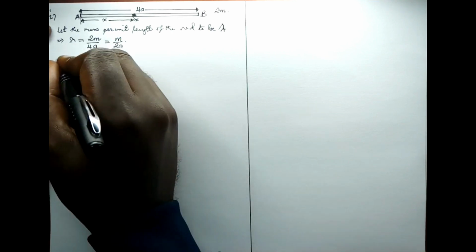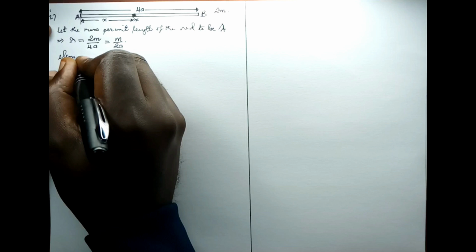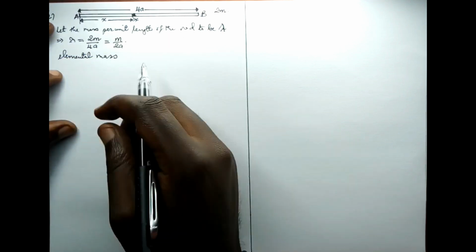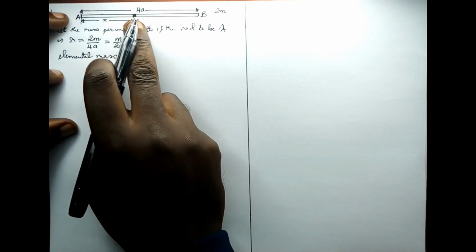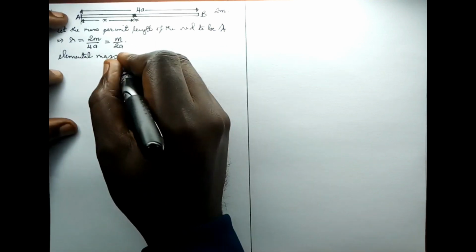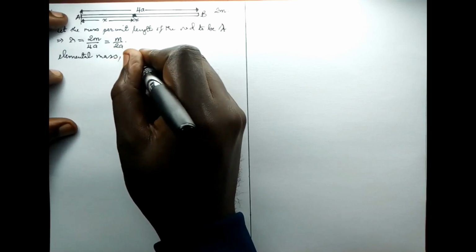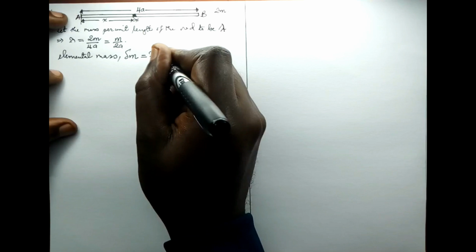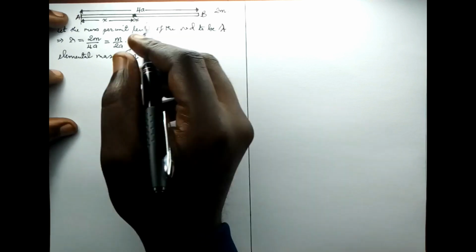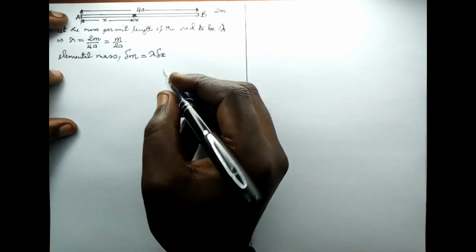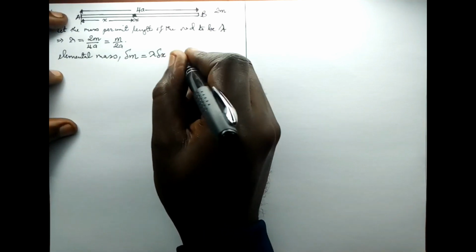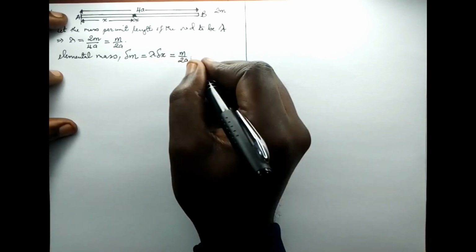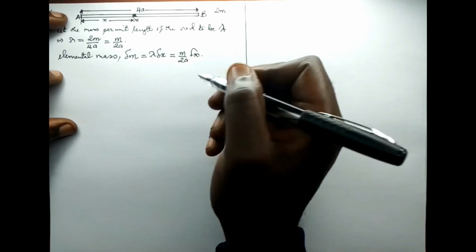We can now say elemental mass. That means the mass of an element of the rod. Elemental mass, since it's so small, we'll call it delta m, which should be mass per unit length, lambda, times the length of the element, which is delta x. And that should give m over 2a, which is the lambda, times delta x.